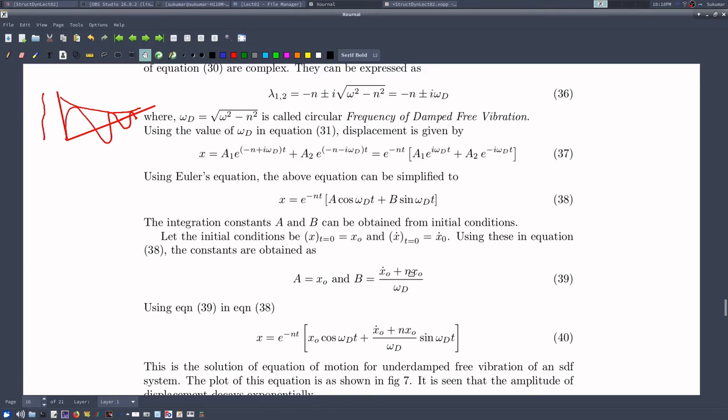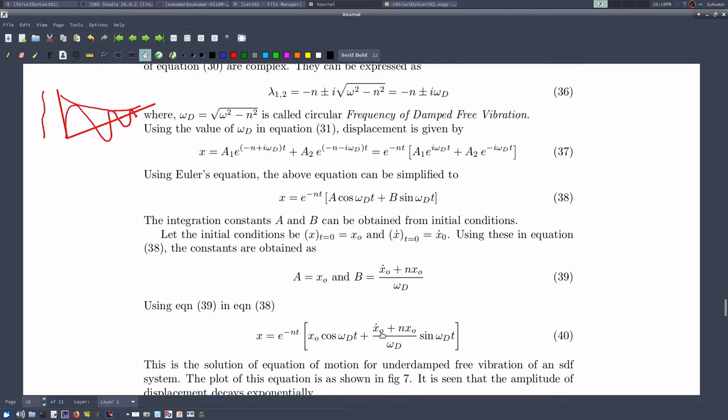I will get this value. So this will be my solution of the equation of motion with initial displacement x naught and initial velocity x dot naught. And omega d is, as I told you, root over omega square minus n square. All right.